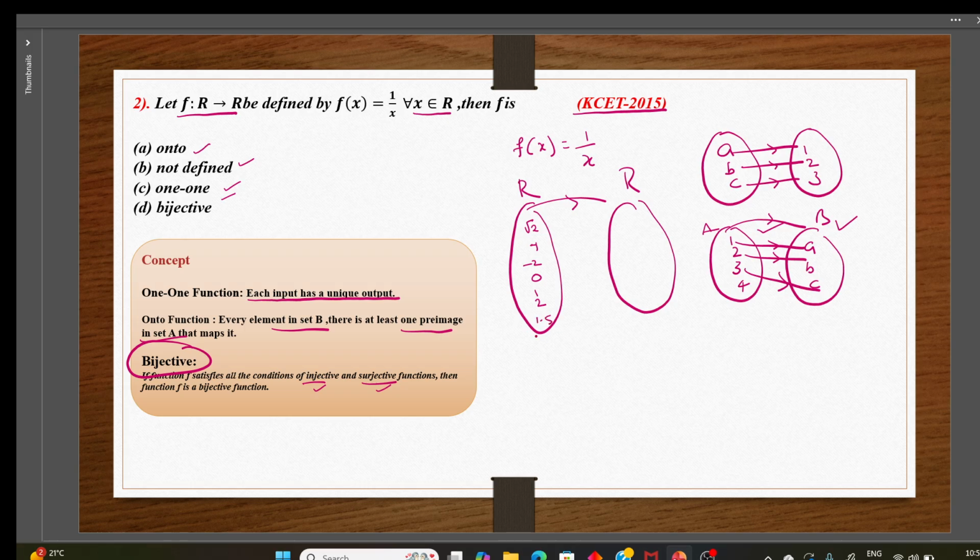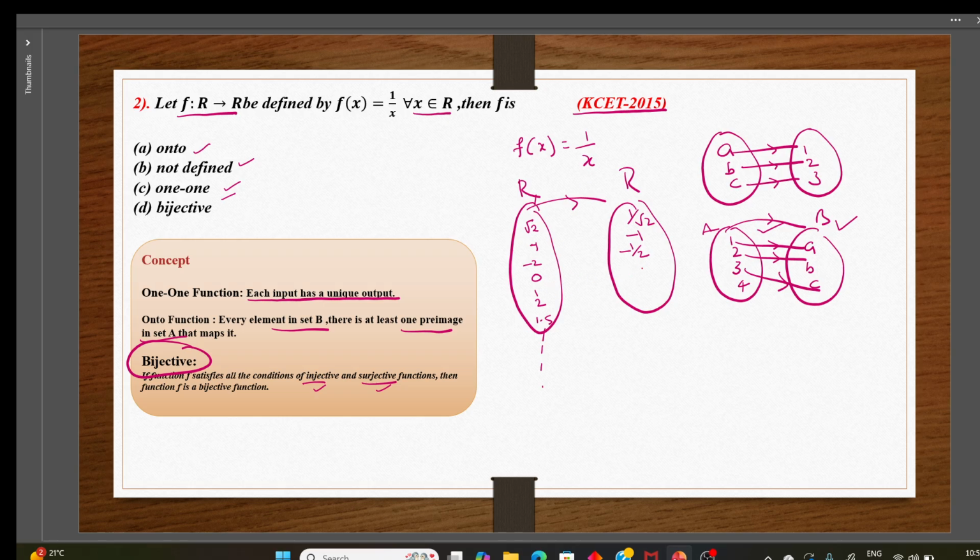With the function 1 by x, substituting root 2 for x we get 1 by root 2. Substituting -1, we get -1. Substituting -2, we get -1 by 2. If we substitute 0, later we have to discuss this fellow 0.